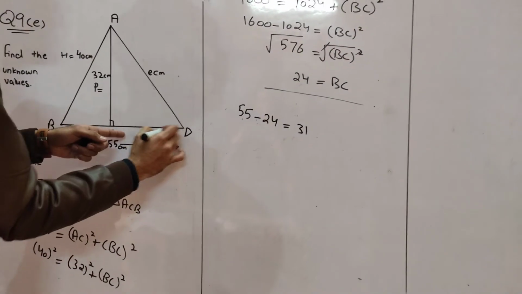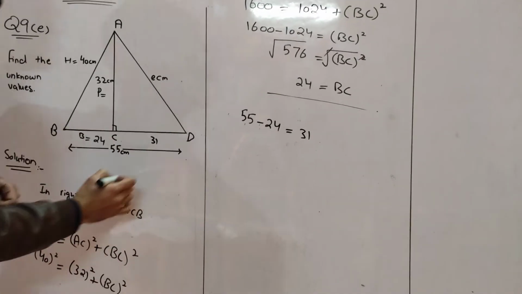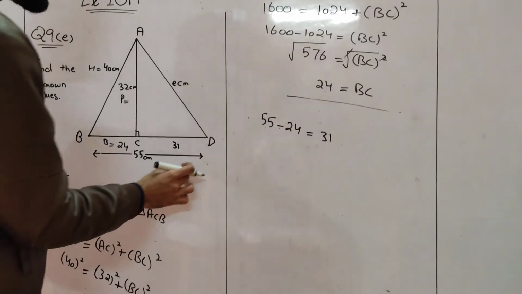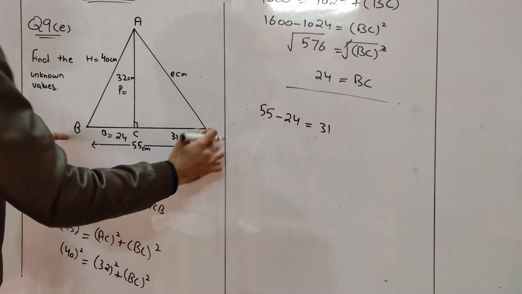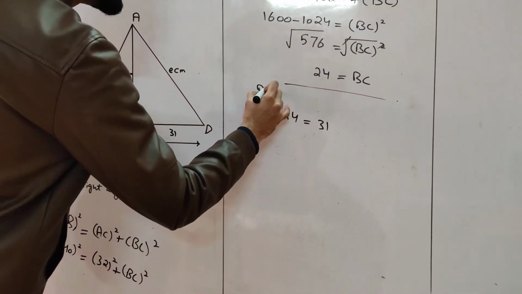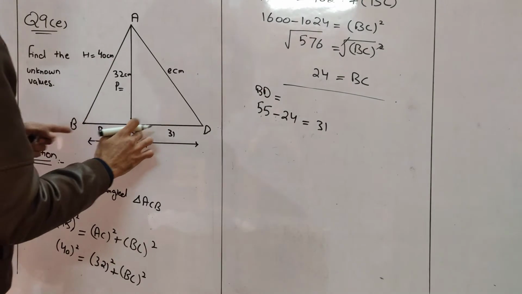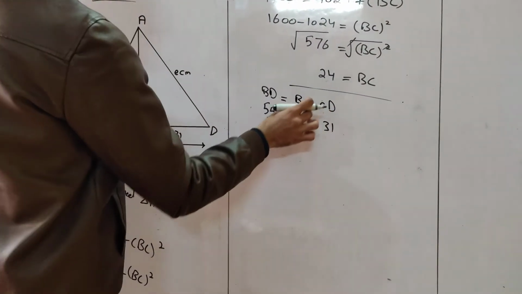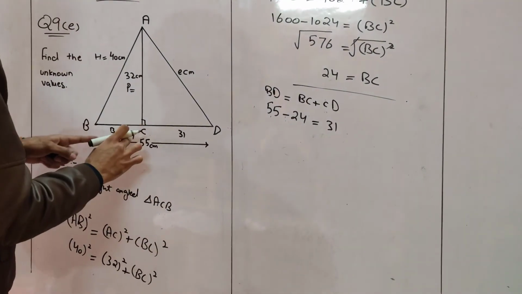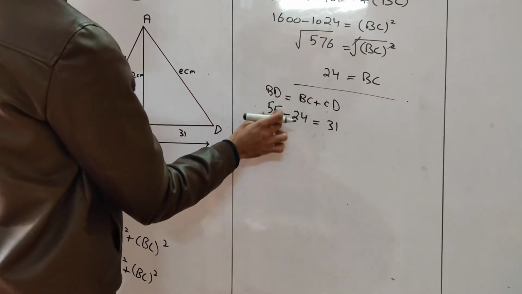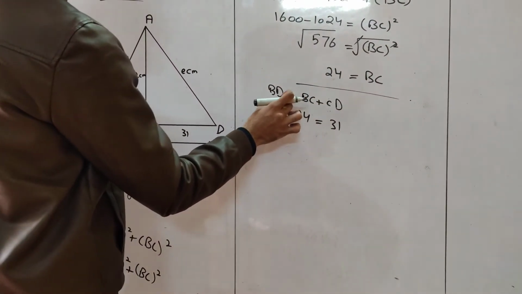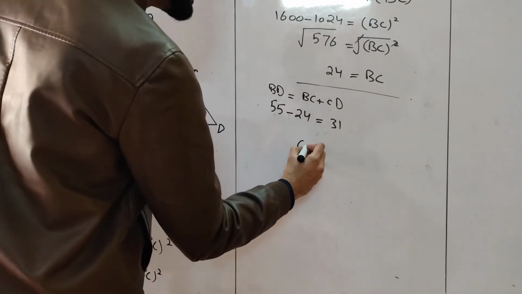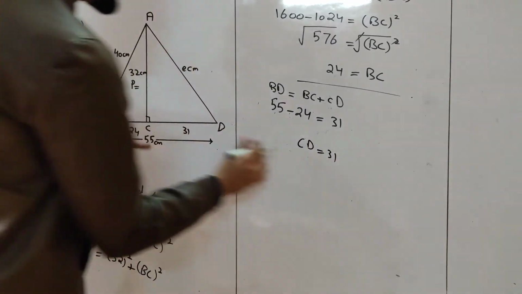It means CD equals 31, and 31 plus 24 gives 55. Again, I will repeat: the total side BD equals BC plus CD, BC equals 24, and BD equals 55, so CD equals 31.